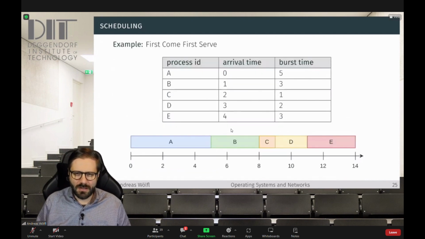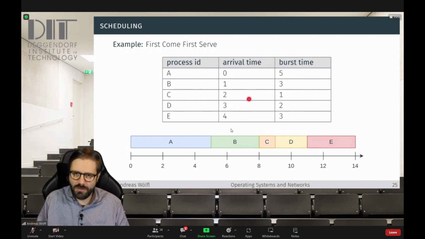To demonstrate this, this is a running example. Let's take a look at this table here. So we do scheduling on a set of processes. You see the set of processes in this table here. So we have process A, B, C, D, and E. And each of these processes has a burst time and an arrival time. Arrival time is the time unit when this process transitions from new to ready.